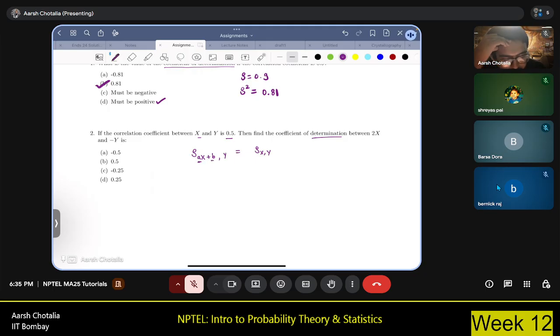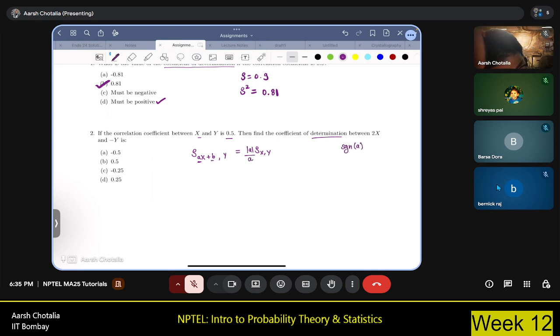And A also does not matter as long as A is positive. If A is negative, then the correlation becomes anti-correlation, so it picks up a negative sign. So what I can write is that this is multiplied by the sign of A. Okay.